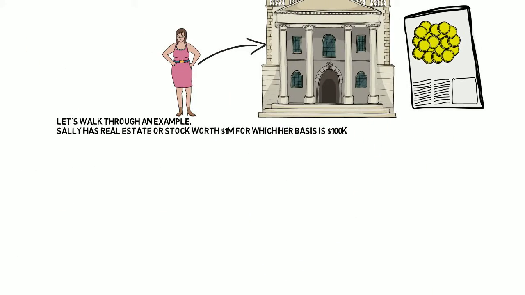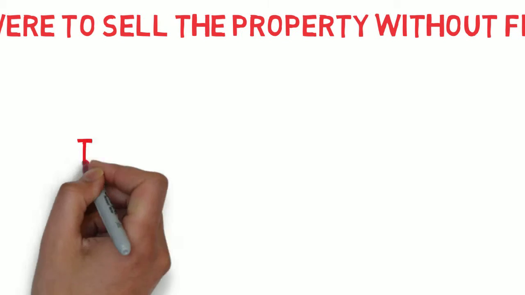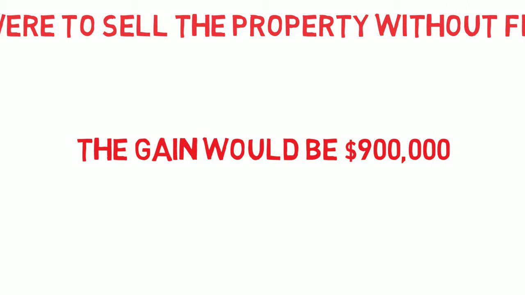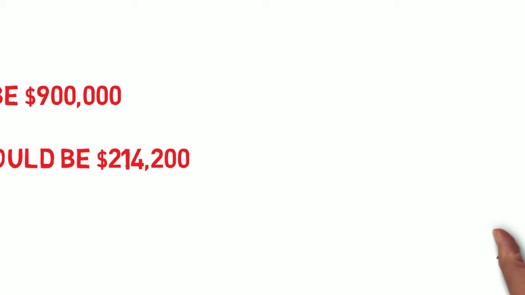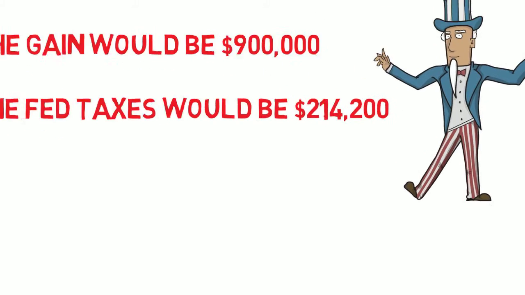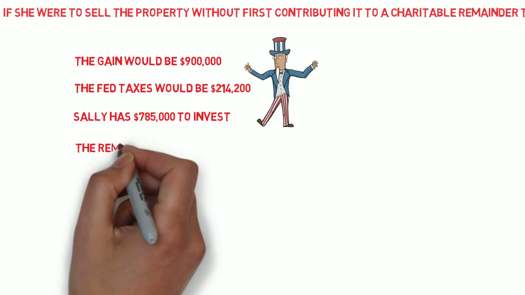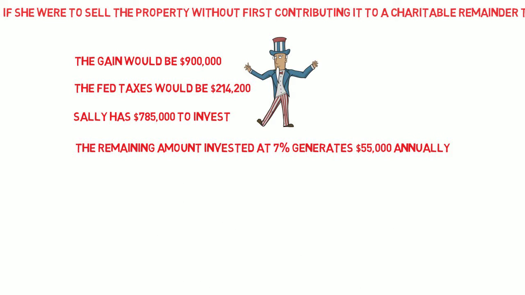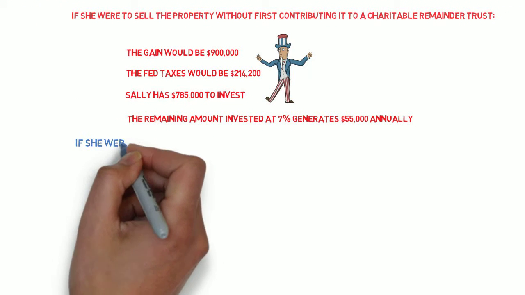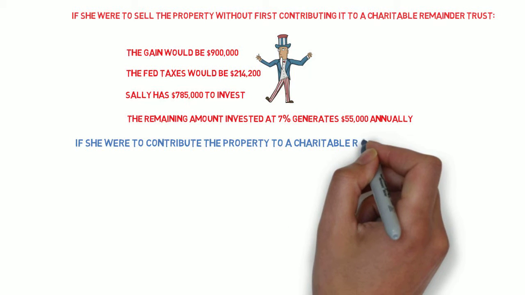If she were to try to sell the property without first contributing it to the charitable remainder trust, she would have a gain of about $900,000, and the federal income tax on that would be $214,000, and she would have $785,000 left. She can use the $785,000 to invest, and let's say she invests it and returns 7%. Her annual income on that 7% return would be $55,000.